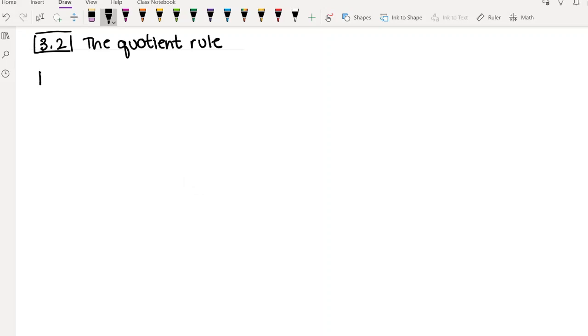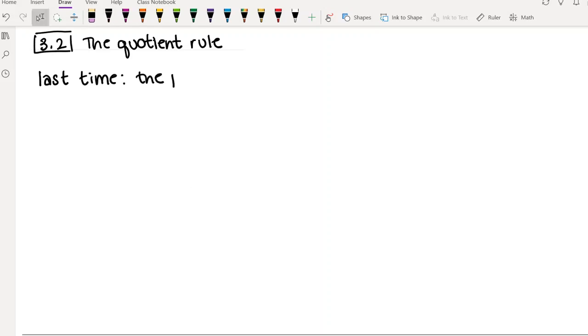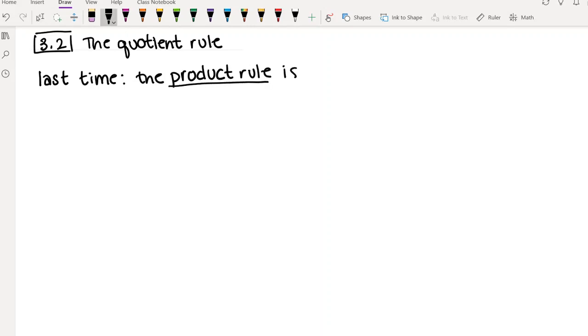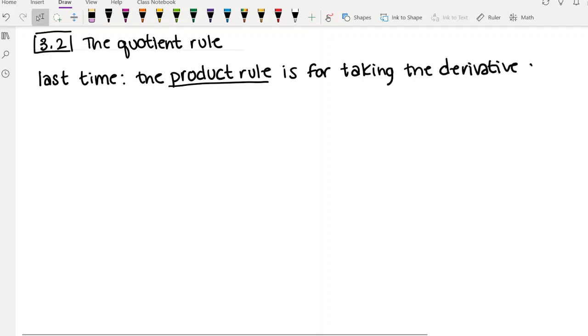Okay, so last time we saw the product rule, which is for taking the derivative of a product.